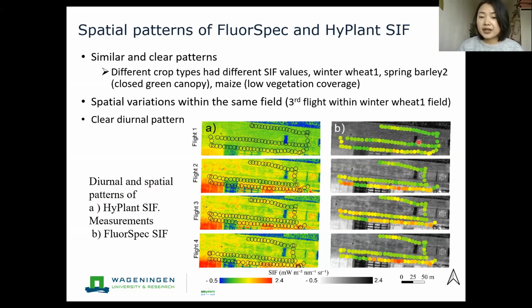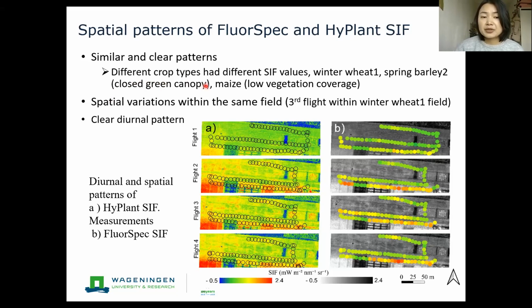And the right figure is the patterns of FluorSpec SIF. The gray color map is the HyPlant SIF values, but in a gray color scale. So we can see similar and clear patterns for both systems.